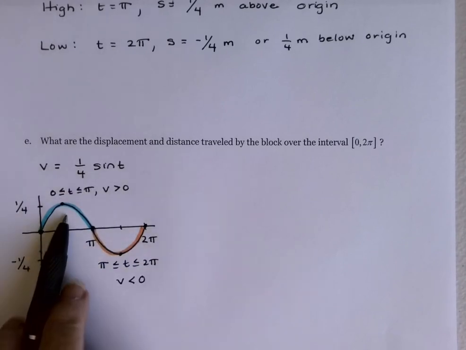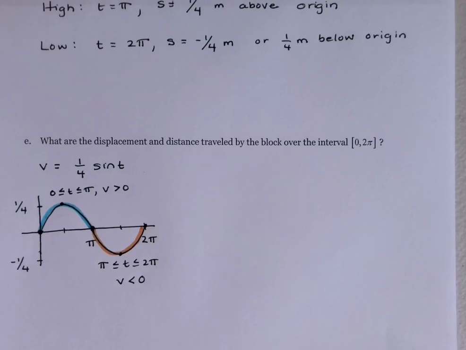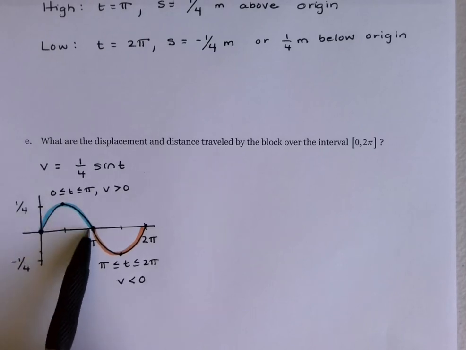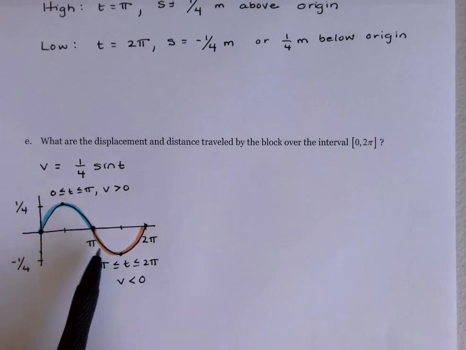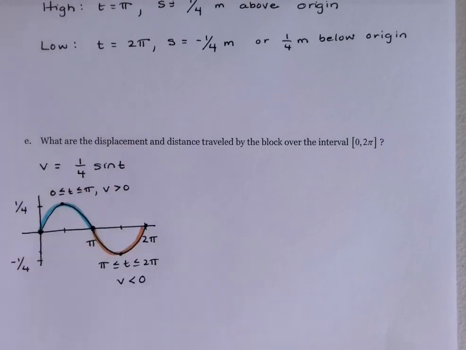But because of the symmetry, these positive velocities and these negative velocities are exact opposites. It seems to me that whatever ground we gain in the positive direction here, we would lose when our velocity is in the negative direction there, and we really ought to end up back at 0 again. So I would predict that our displacement should be 0.